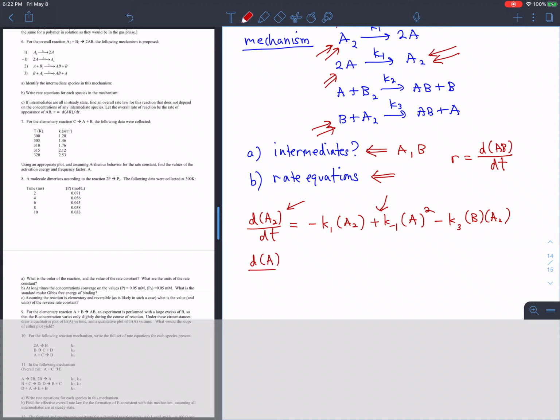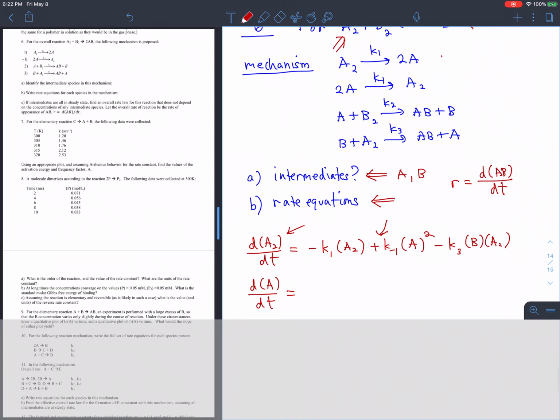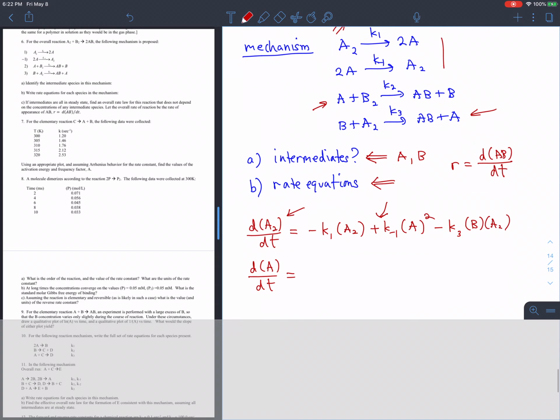Now, for the intermediate A, let's get rid of some of these extra arrows here. That appears in these first 2, it appears here and here. It appears in every single elementary step. So for the first step, it's going to be plus a 2 now, because it's being produced at double the rate of other things, times K1 times A2, a first order step because the reactants are first order.